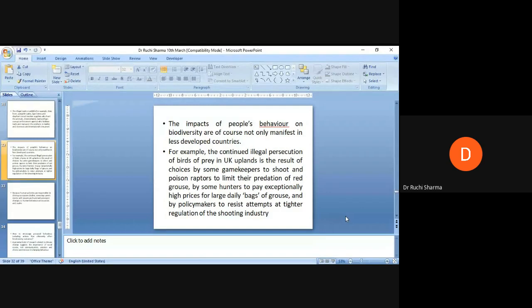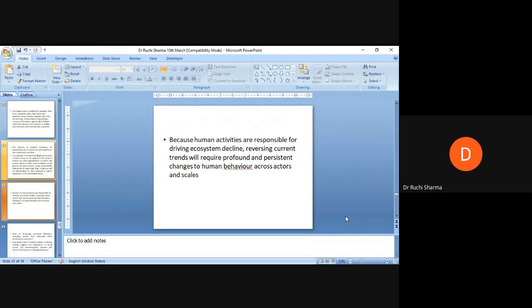So this is what I was talking about earlier, that when we are talking about environment conservation, it is not just people telling or forcing the norms on the less developed or developing countries, but the developed countries also need to be more strict when they are talking about their regulations and policies.